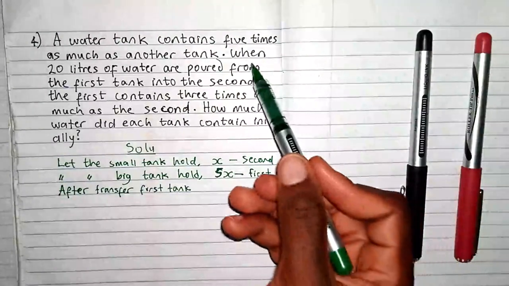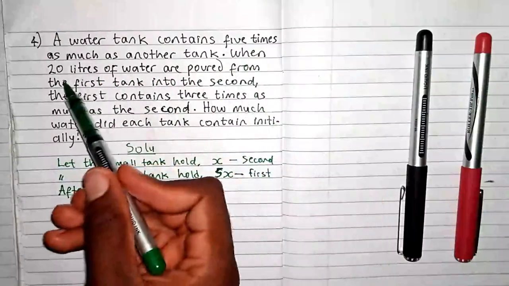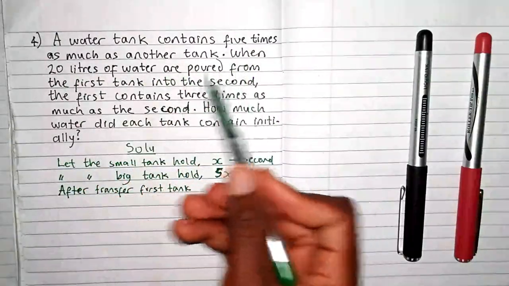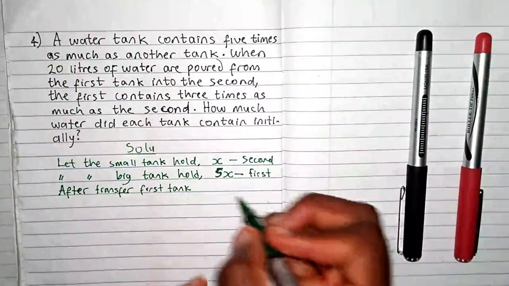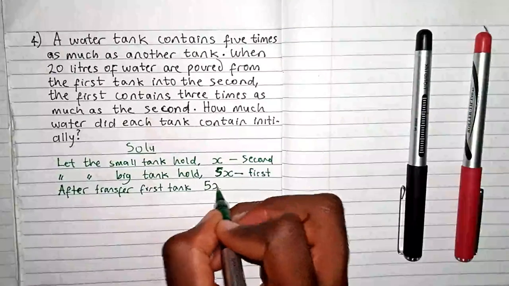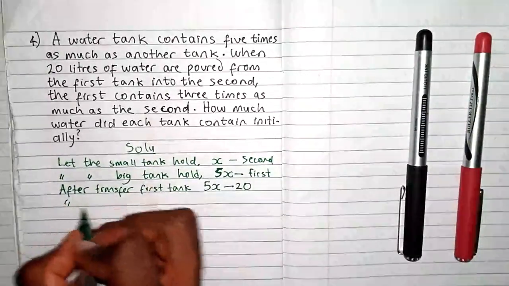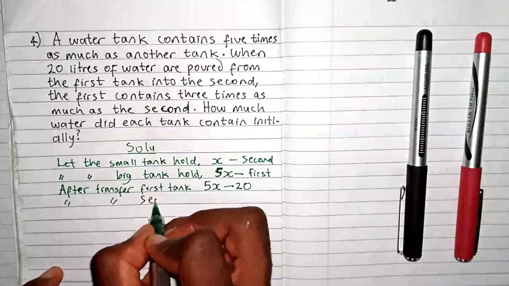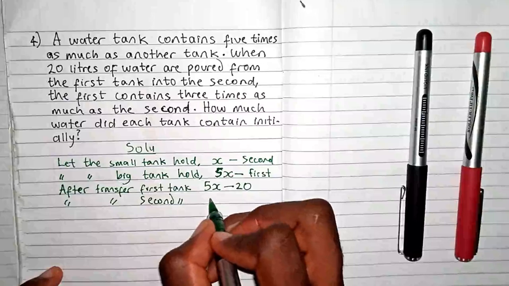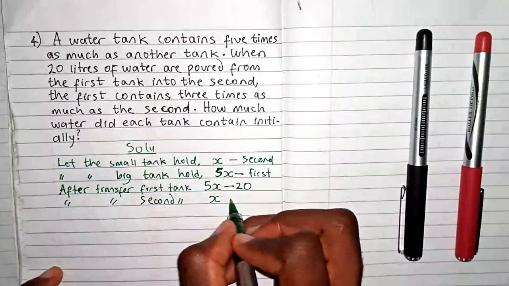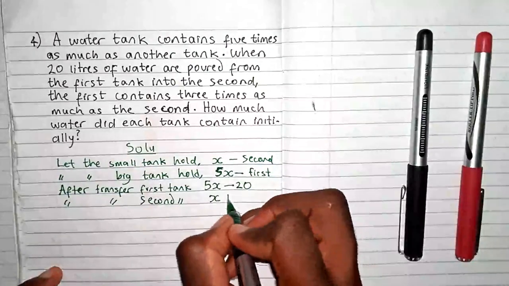Why? Because we are taking 20 liters from the big tank. After transfer, the second tank becomes what? Will it also be minus? If you said yes, you are very wrong. It will be plus.